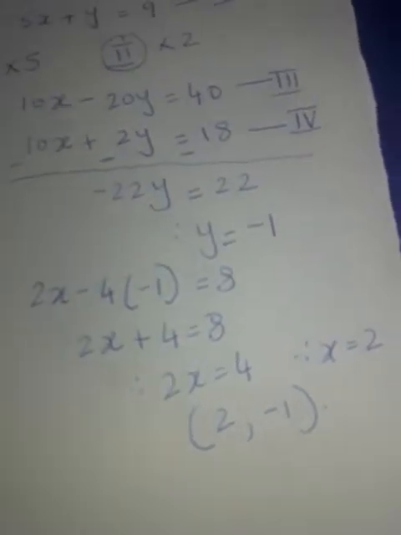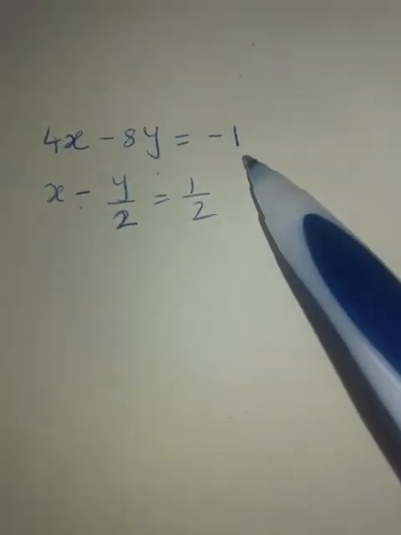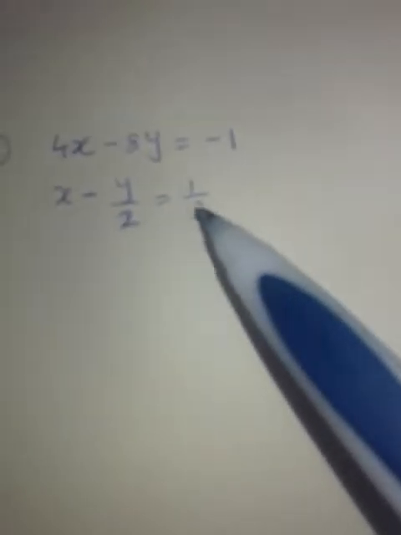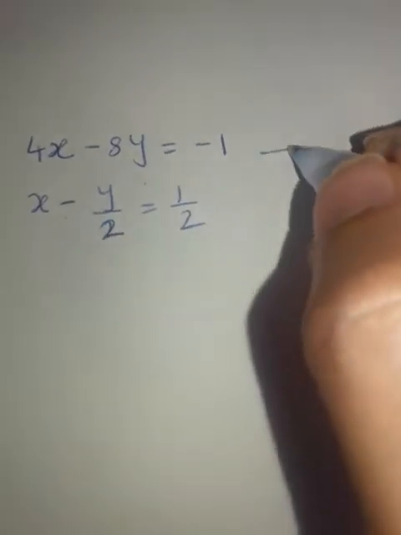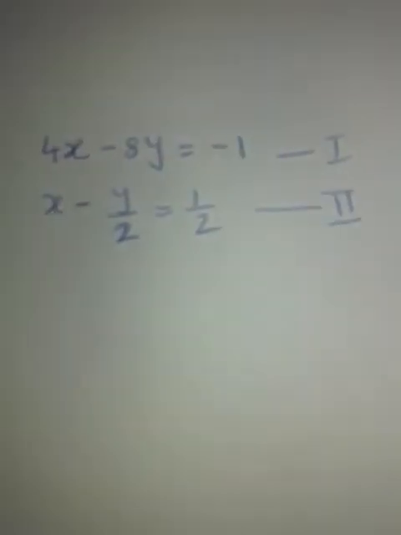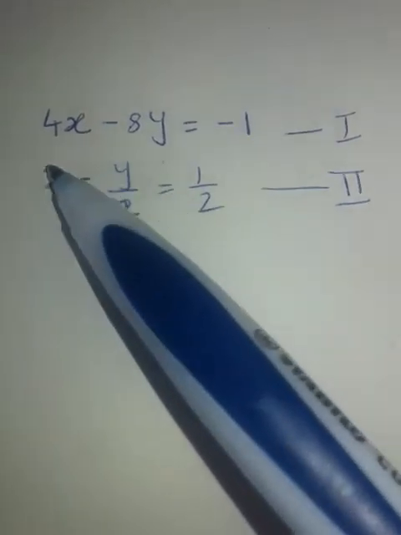Now let's solve one more example. 4x minus 8y is equal to minus 1. x minus y upon 2 is equal to half. Let me call this equation 1 and this equation 2. What I observe here, here it is 4x and here it is x. So what can I do? I can multiply this by 4.